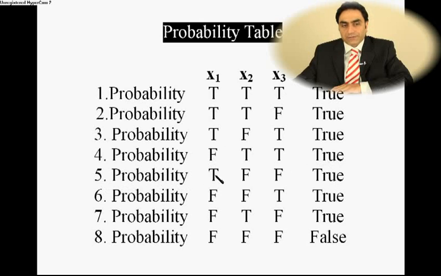And at the fifth probability, x1 t, x2 f, x3 f, the knowledge is true depending on x1. In the sixth probability, x1 f, x2 f, x3 t, the knowledge is true depending on x3. In the seventh probability, x1 is f, x2 is t, x3 is f.